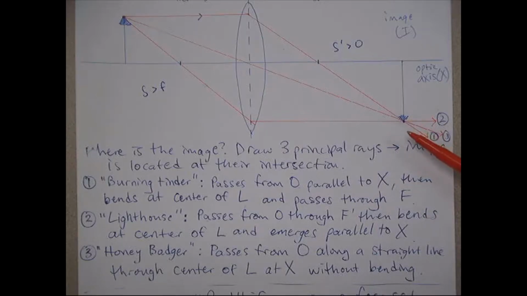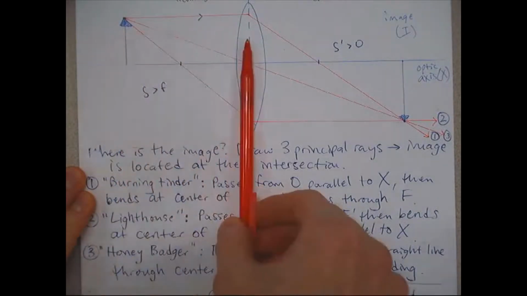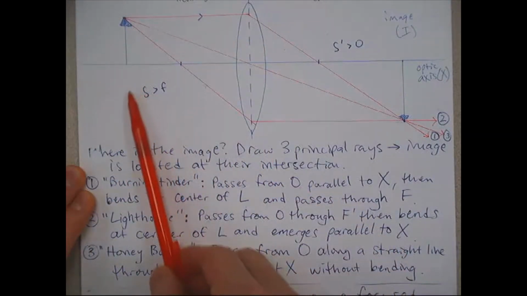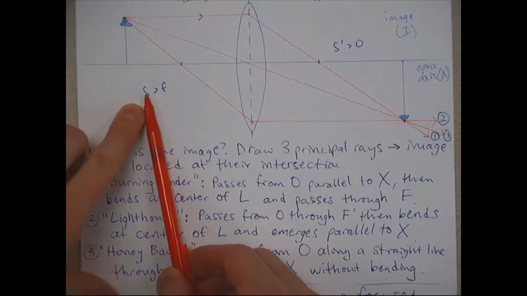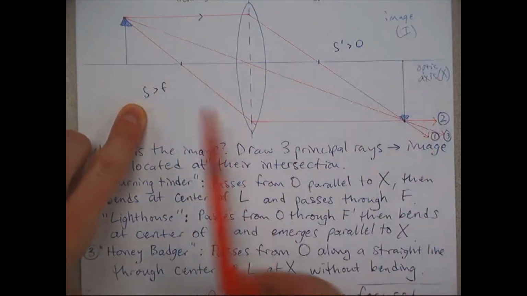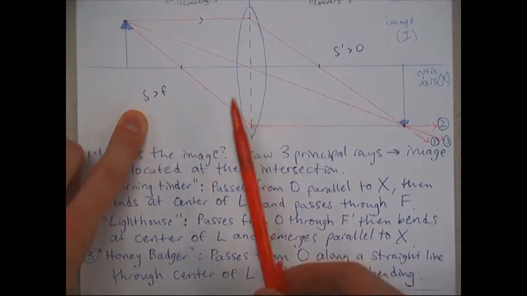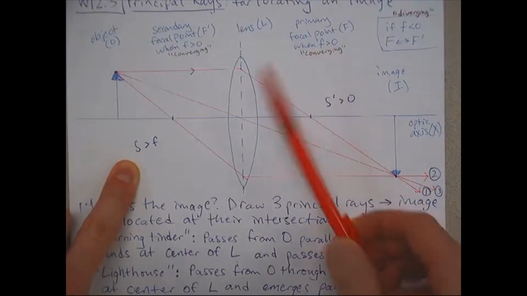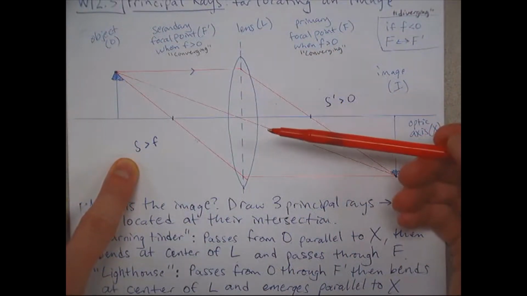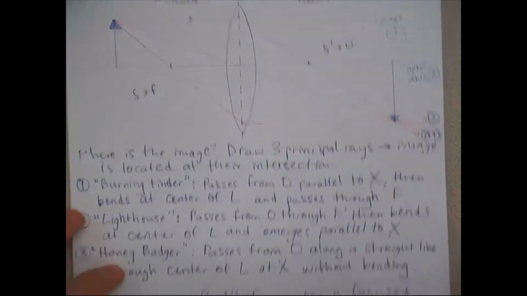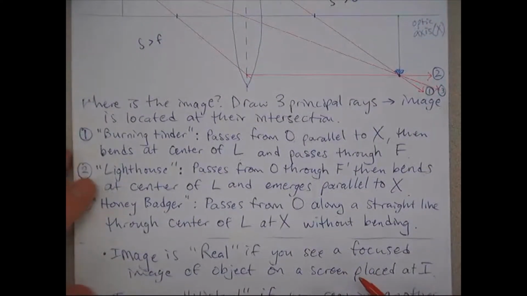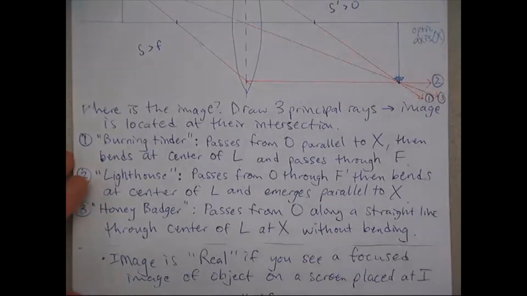This image that is formed here is a case where the object distance to the lens, which we call object distance S, is greater than the focal length, and we have a focal length which is positive. The image that is formed, we call that image real, sitting here.